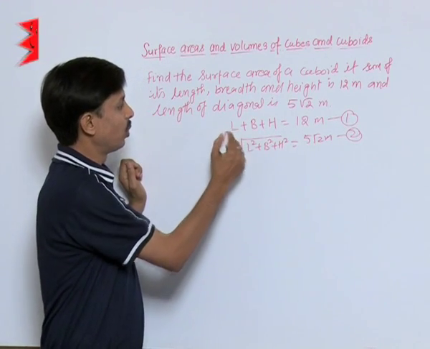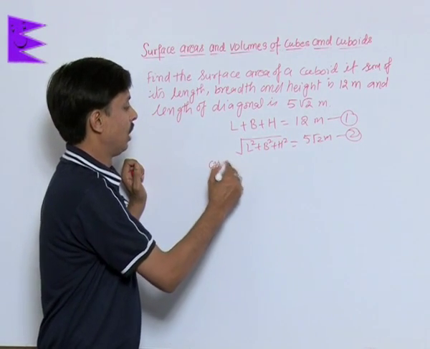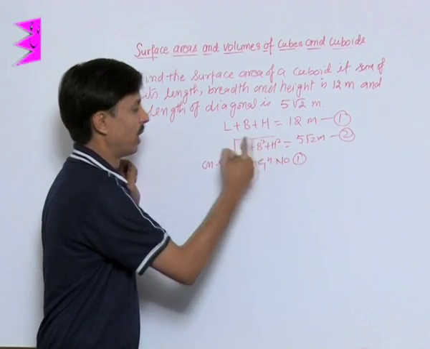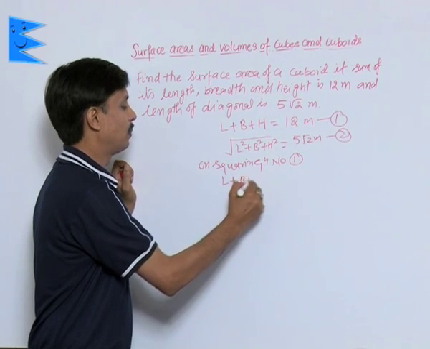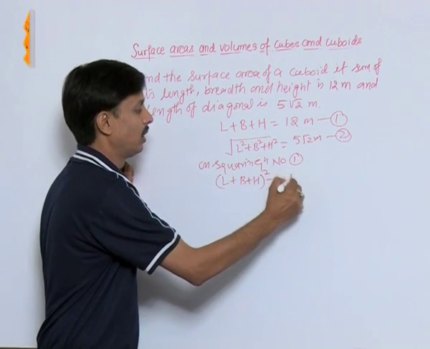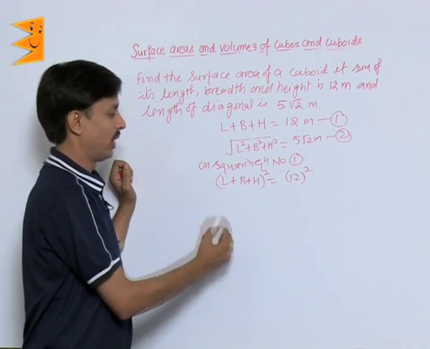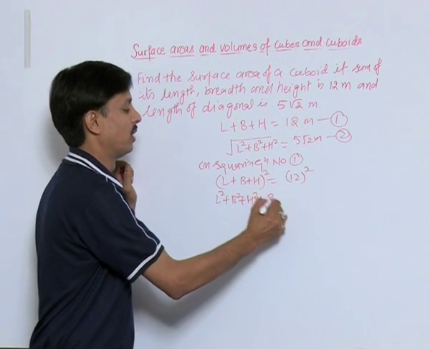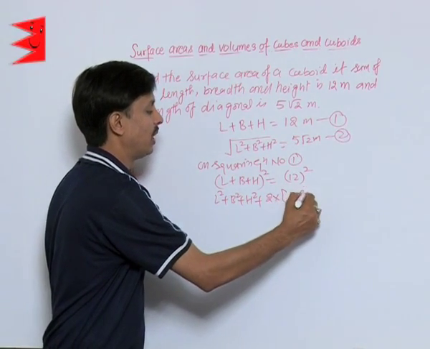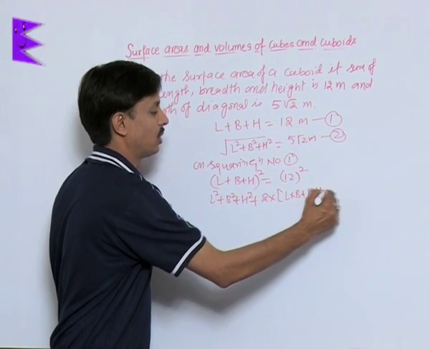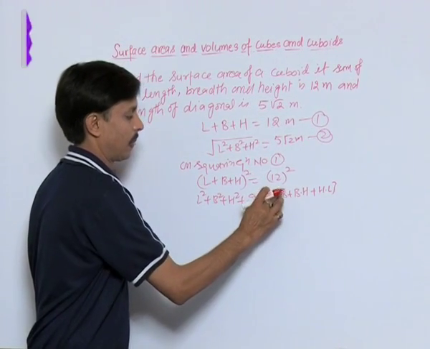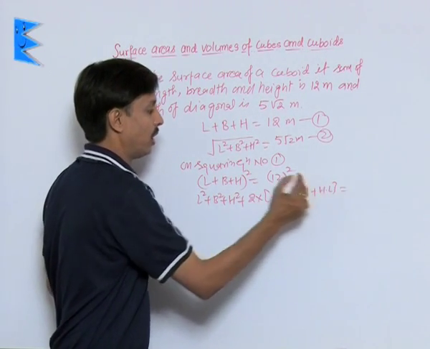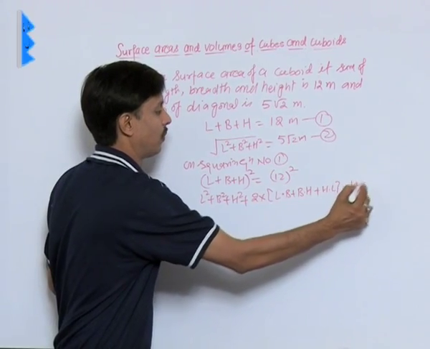Now if I ask you to square equation number 1, on squaring equation number 1, this will be L plus B plus H whole square is equal to 12 whole square. This becomes L square plus B square plus H square plus 2 into L into B plus B into H plus H into L is equal to square of 12 is 144.